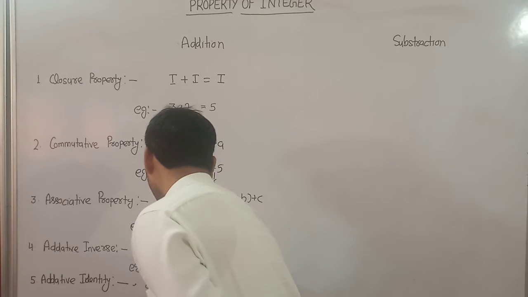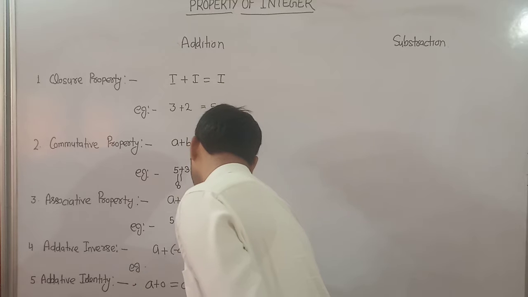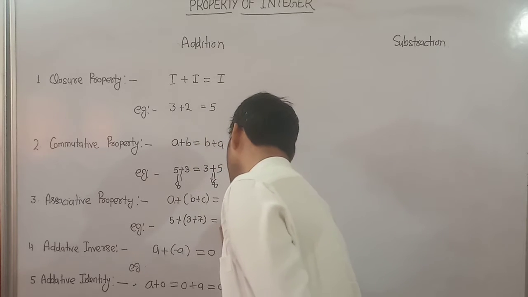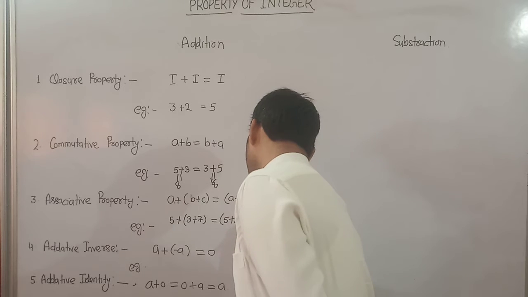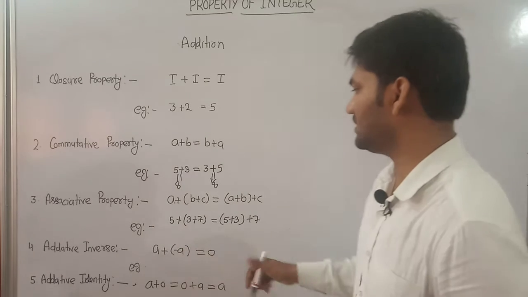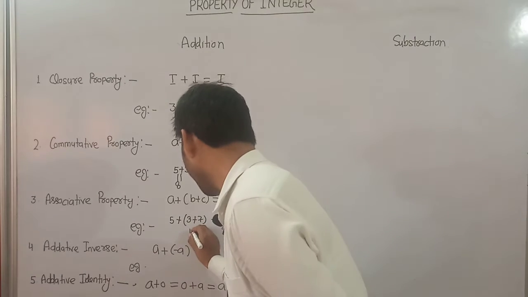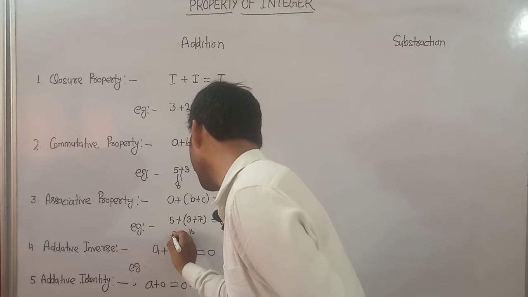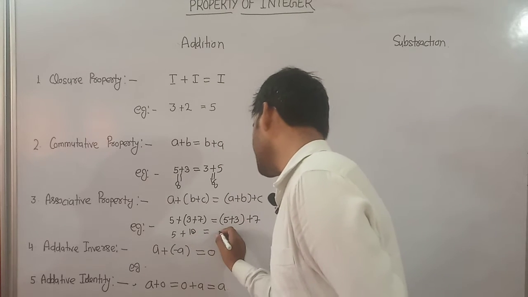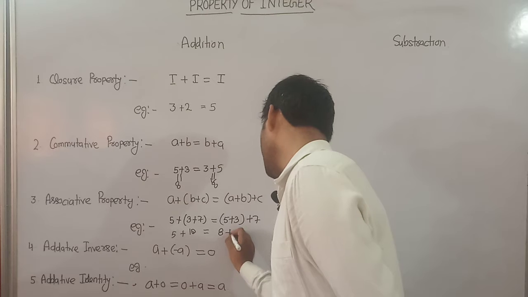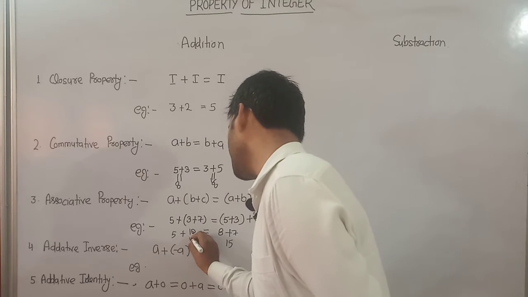Take 5 plus 3 plus 7, grouped both ways. 5 plus 3 plus 7 is 15, and 5 plus 3 is 8, plus 7, the result is 15 in both cases.